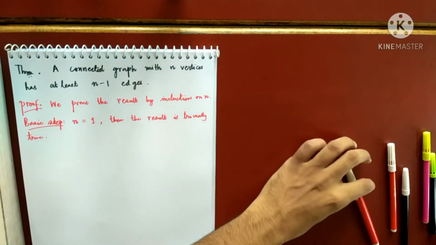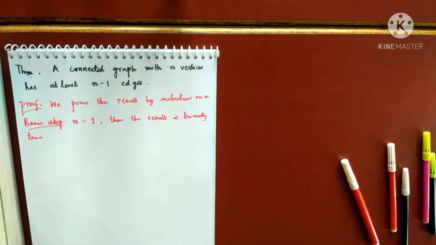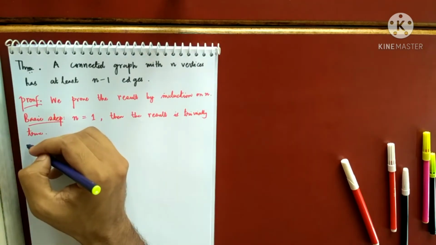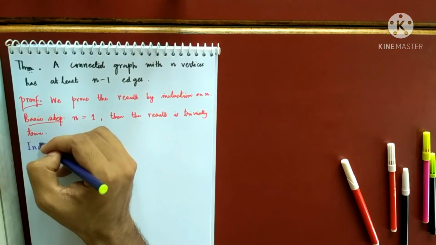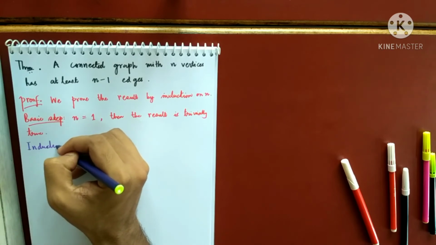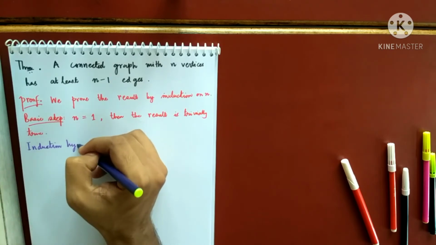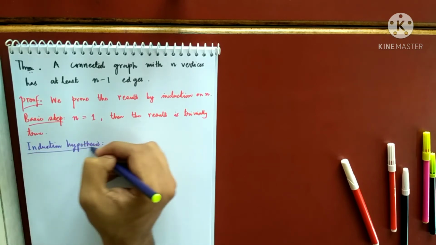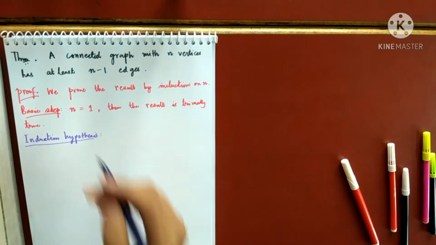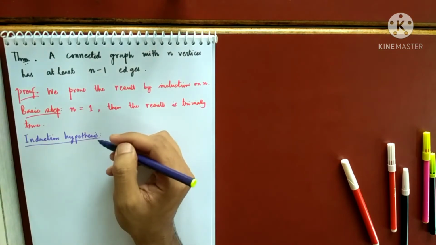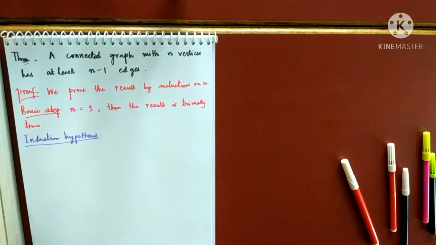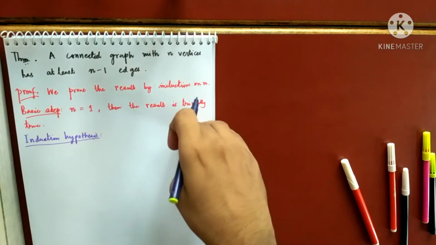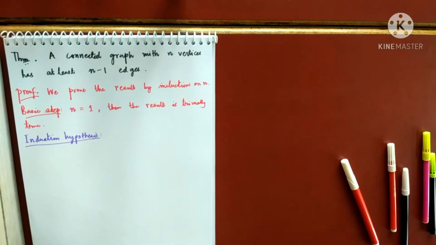So let's go for the induction step. What is the induction hypothesis? We assume it for k and prove it for k plus 1. Instead of writing k, I'll be using n only. I will assume it for n and prove it for n plus 1.